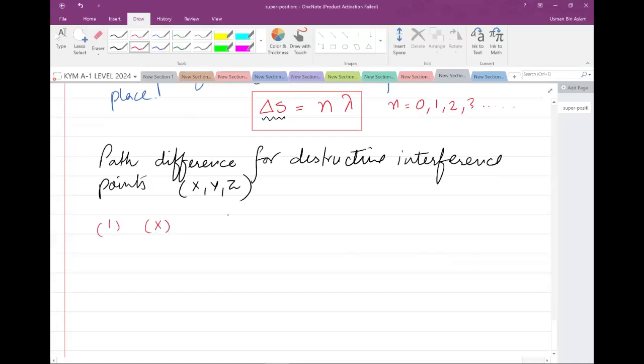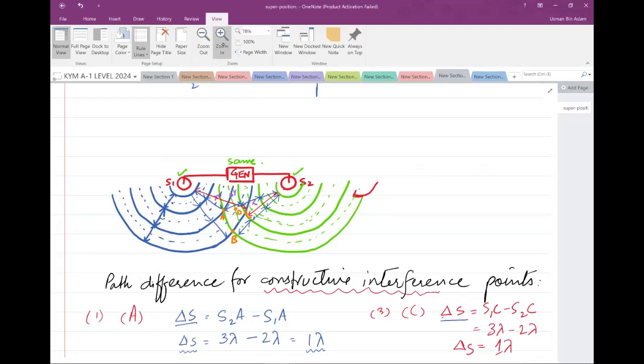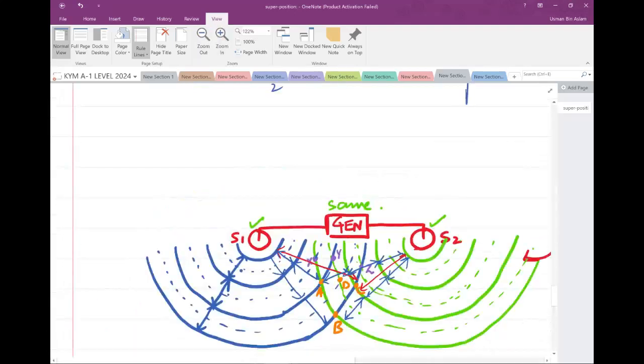For point X, delta S is going to be equal to, let's see, where is point X? This is where point X is. Can you see that it's going to be a total of 3 wavelengths from S2, and 1.5 wavelengths from S1?